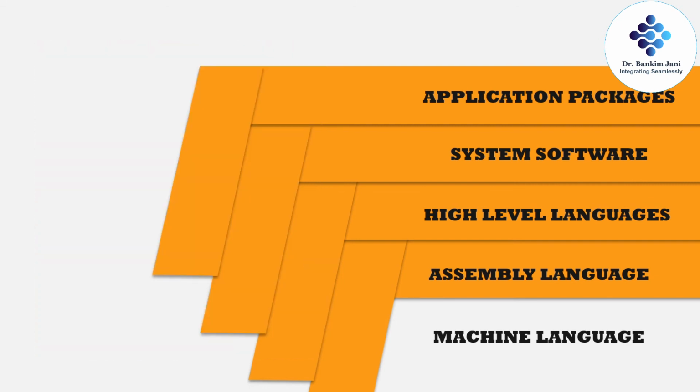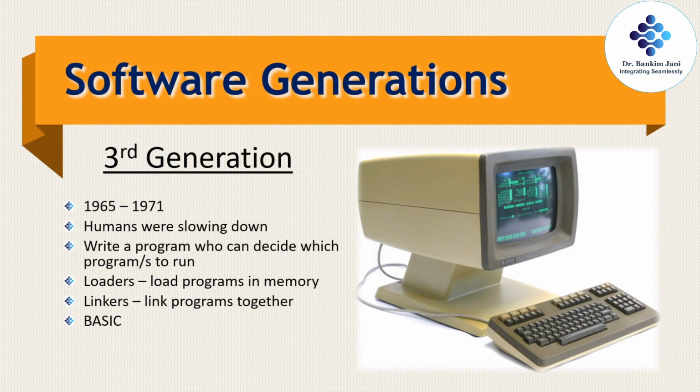Third generation software, 1965 to 1971. Now during the third generation of commercial computers, it became apparent that the humans were slowing down the computing system. The solution was to put the computer resources under the control of the computer. That is, to write a program that would determine which programs were run and when.